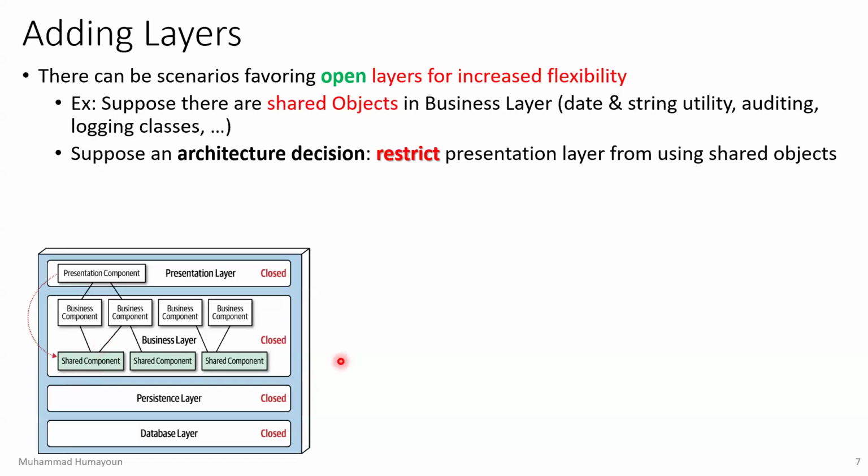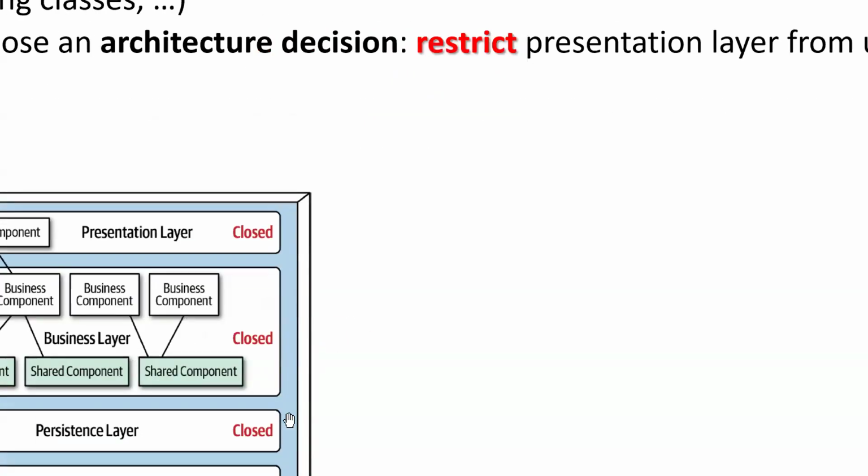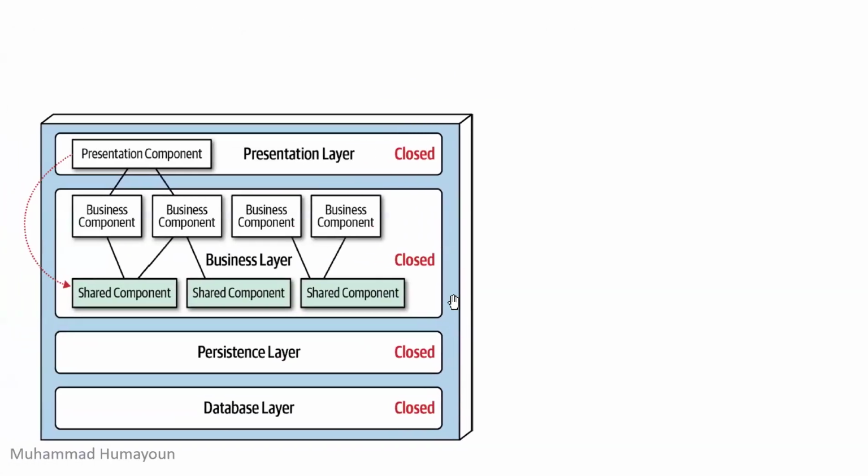Imagine we have a situation like this. We have a presentation layer and a business layer. The presentation layer has some presentation components. Your business layer has some business components, but also some shared components.